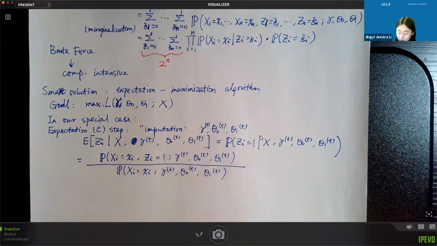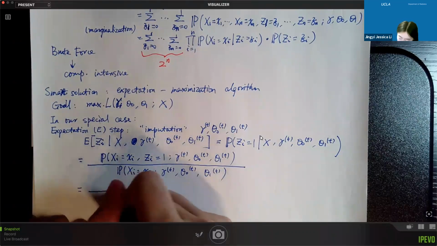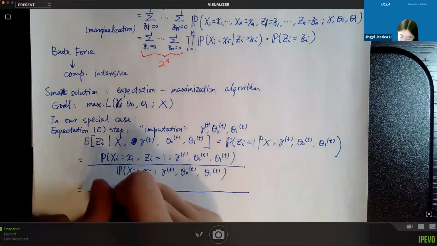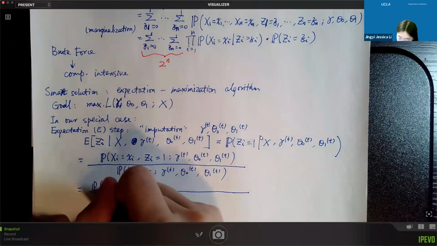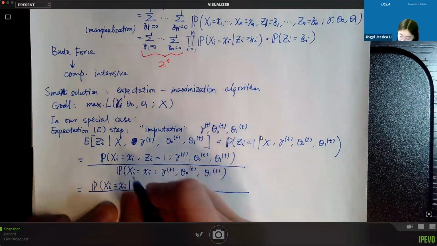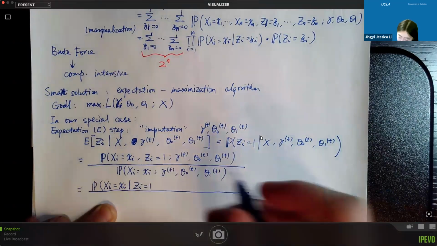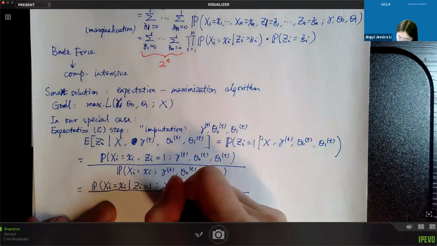That's just easier for me to write out. So I'll go one more step. I'm going to write this as the probability xi given Zi equals 1, and the parameters.